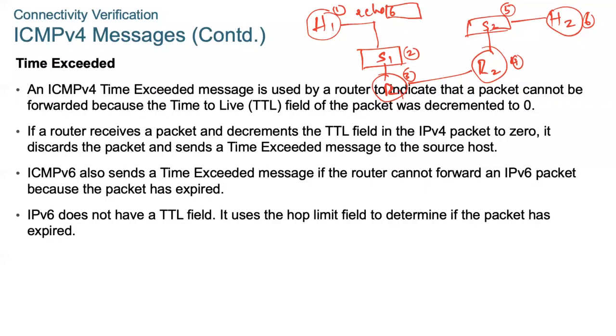So as this packet goes from H1 to H2, here the time to live will reduce from 6 to 5 because it has traveled one hop. When it reached R1, the packet time to live reduced to 4 because it has traveled 2 hops. And when it reached the next device, the similar reduction will be done.